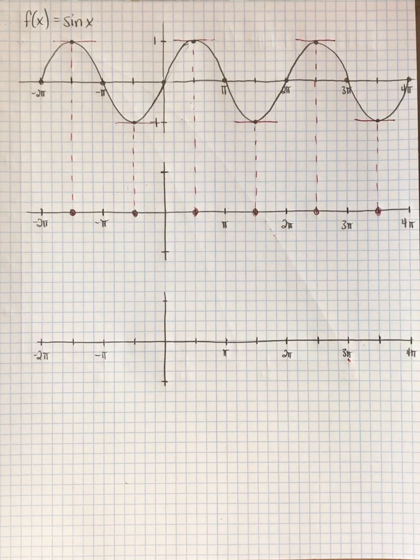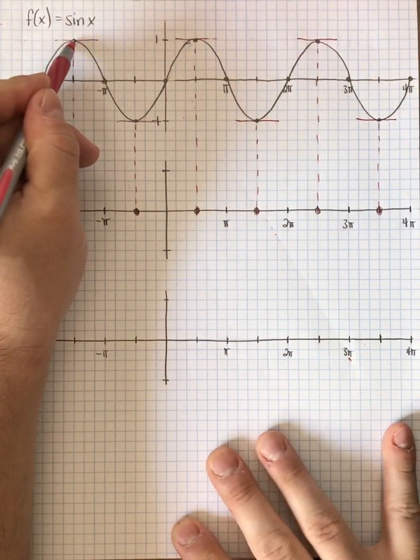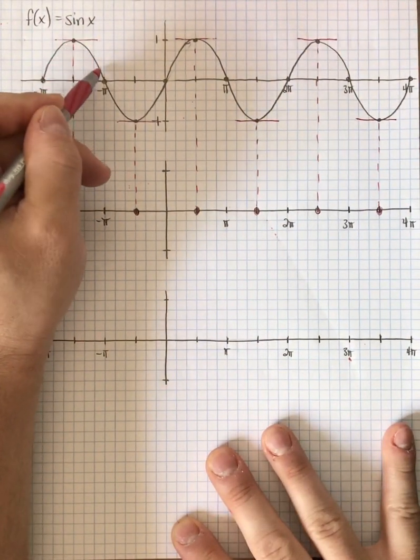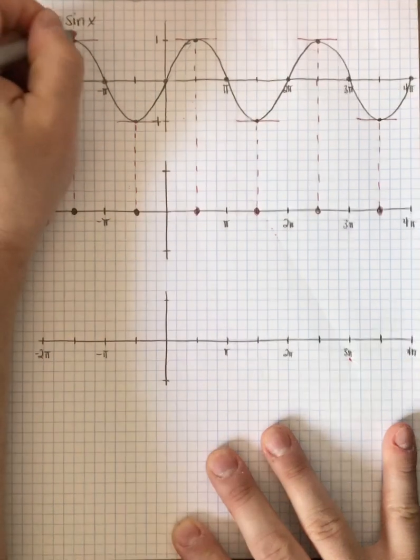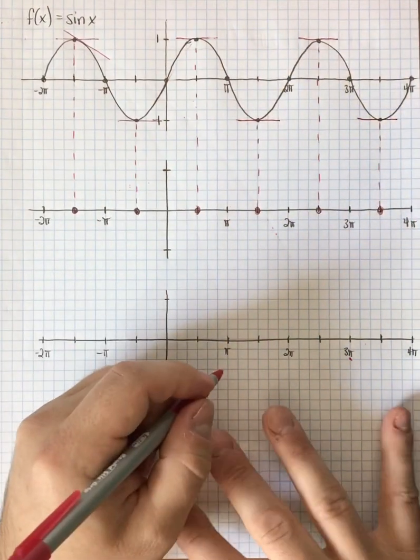That being said, the general trend of the slopes can still be ascertained pretty easily. So, for example, as we move from this maximum point down towards this minimum point, any tangent line we draw will be negatively sloped.